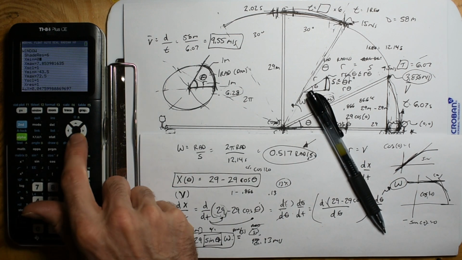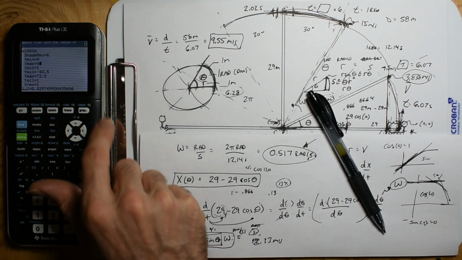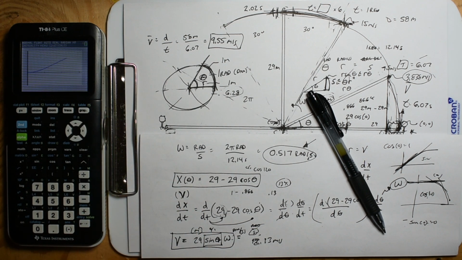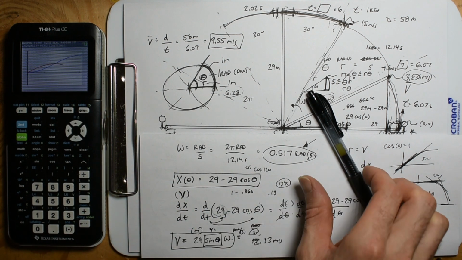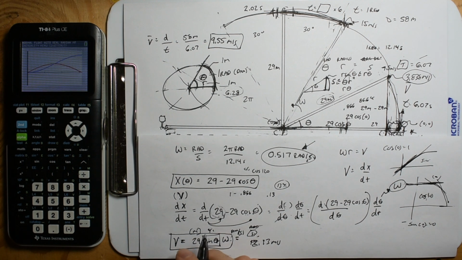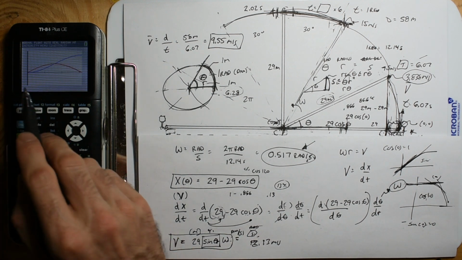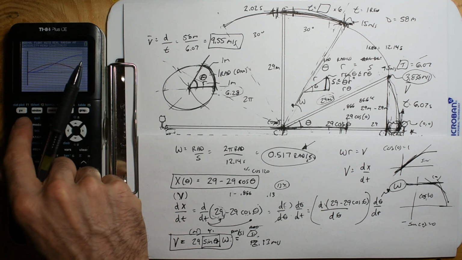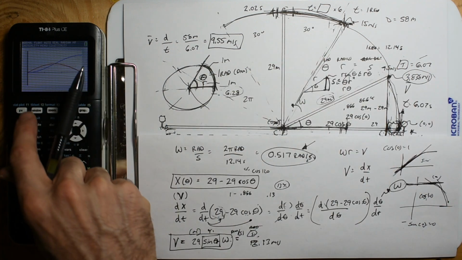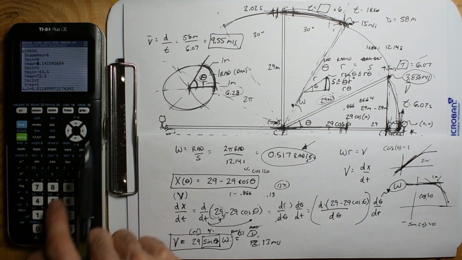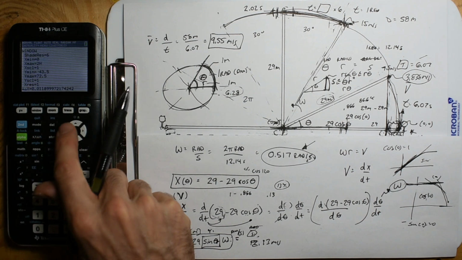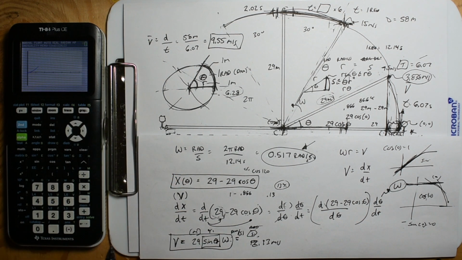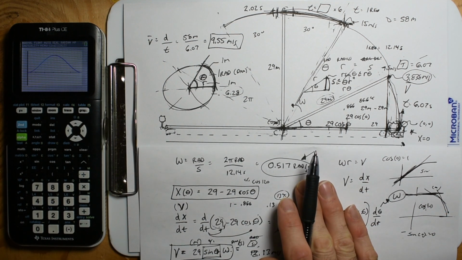We're going to have 0 to pi, and then we're going to graph that. So that's kind of what we have. It's half, and if we go to 2 pi, yeah, so let's do that. Window 2 pi. So now we have a full cycle.